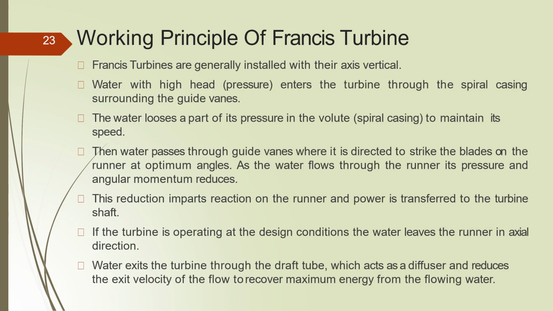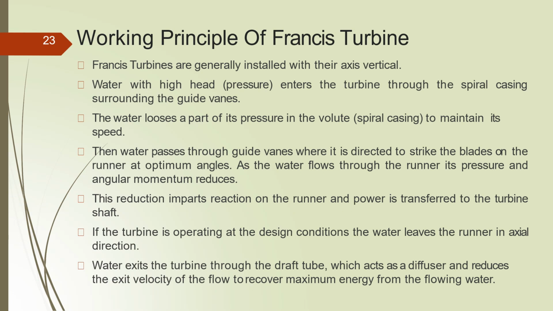How does this Francis turbine work? It is generally installed with its axis vertical. Water with high pressure or high head enters the turbine through the spiral casing surrounding the guide vanes. The water loses a part of its pressure in the volute to maintain its speed.